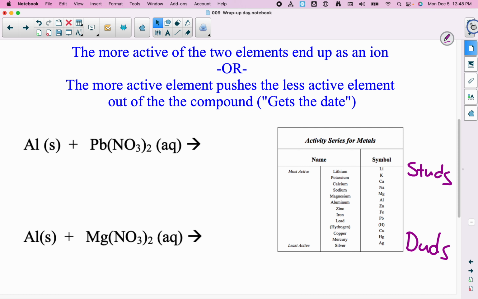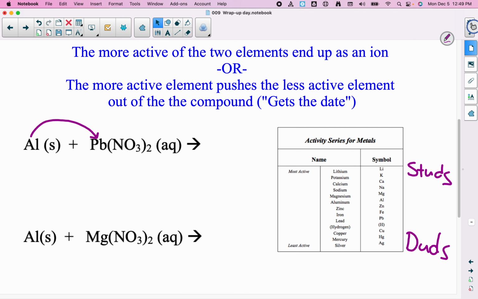So let's imagine it's back in the fall and it's homecoming time. Lead and nitrate show up for the homecoming dance together, having enjoyed a lovely dinner. Aluminum comes into the dance alone and is thinking, it sure would be nice to have somebody to dance with. So aluminum approaches nitrate and says, hey nitrate, wouldn't you rather be with me?